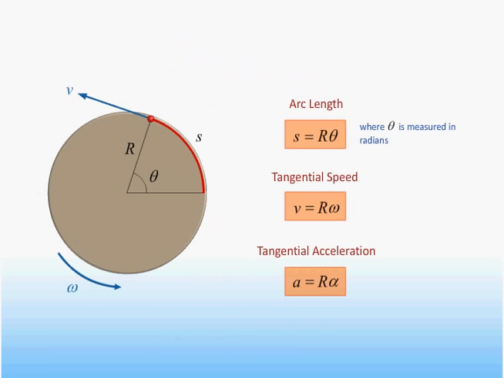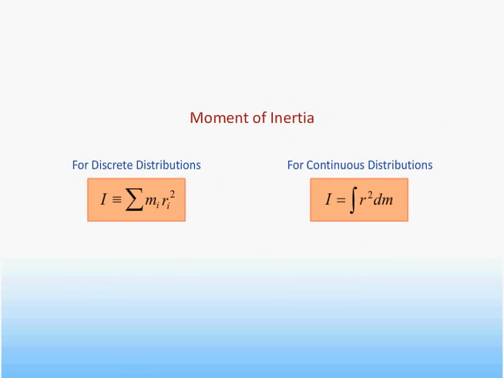We determined that the displacement, velocity, and acceleration of any point that is rotating is simply related to the corresponding angular parameter. Second, we defined the moment of inertia about an axis for both discrete and continuous mass distributions.